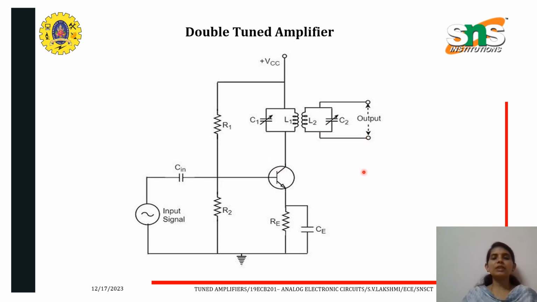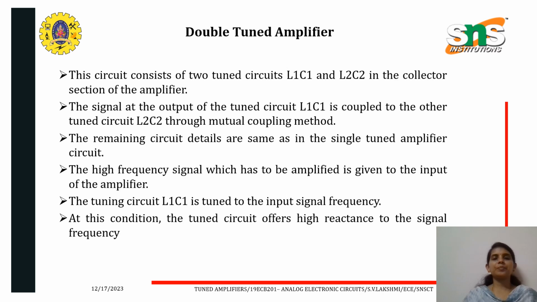We have two sets, hence we call this a double tuned amplifier. The signal at the output of the tuned circuit L1C1 is coupled to the other tuned circuit through the mutual coupling method, and the other parts are similar to those of the single tuned amplifier.